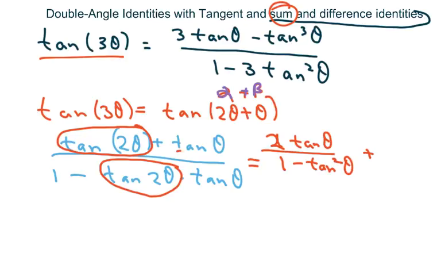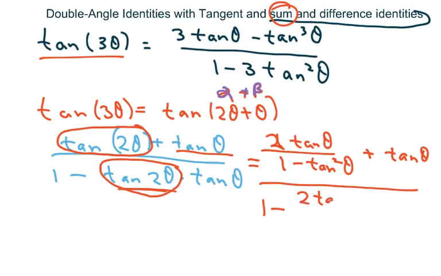Then I'm just going to attach tan of theta. I'm also going to do it in the denominator. So I'm going to get 1 minus, then substituting my double angles here, 2 tan of theta over 1 minus tan squared of theta times tan of theta.